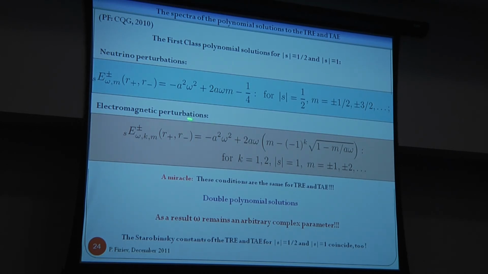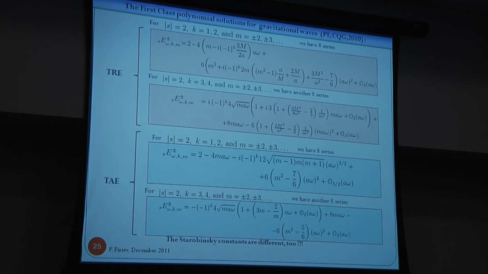And here the very interesting thing is that using Starobinsky constants, we see that in the case of spin 1/2, this means, for example, neutrino jets, or electromagnetic jets, spin 1, the constants of angular and radial equations are the same. So we are not able to fix the frequencies omega, and we have a continuous spectrum of such solutions which may describe cosmic jets.